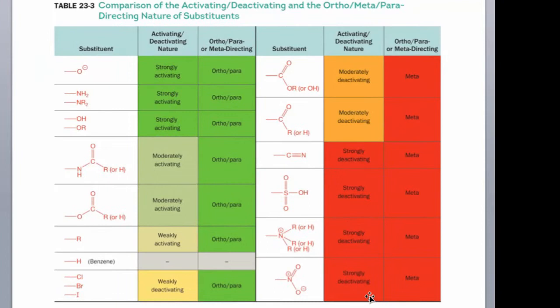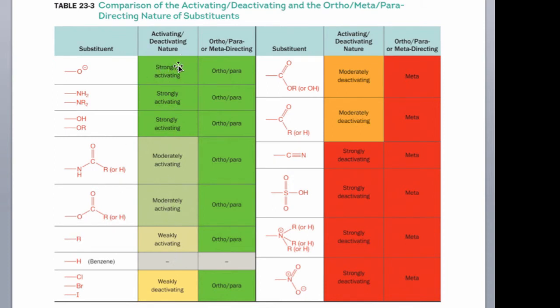And as a reminder, table 23.3 in your text indicates that when you have an atom with a lone pair of electrons on it, such as oxygen, nitrogen, or you have an alkyl group, that these groups all activate the benzene ring or make it react faster than benzene itself.